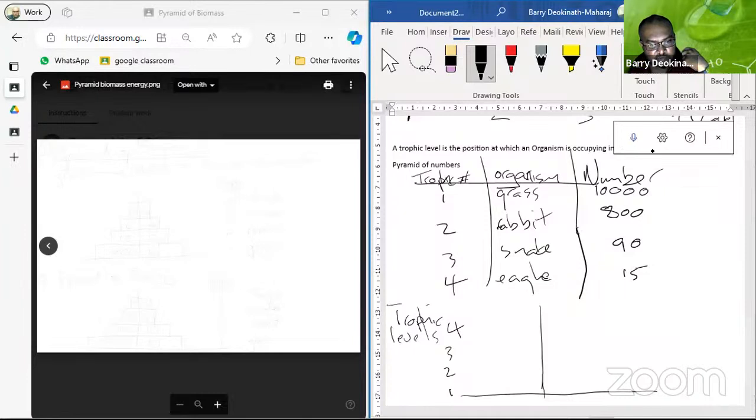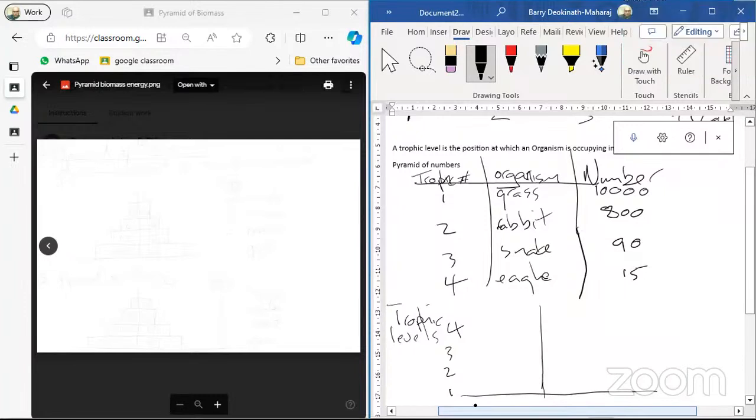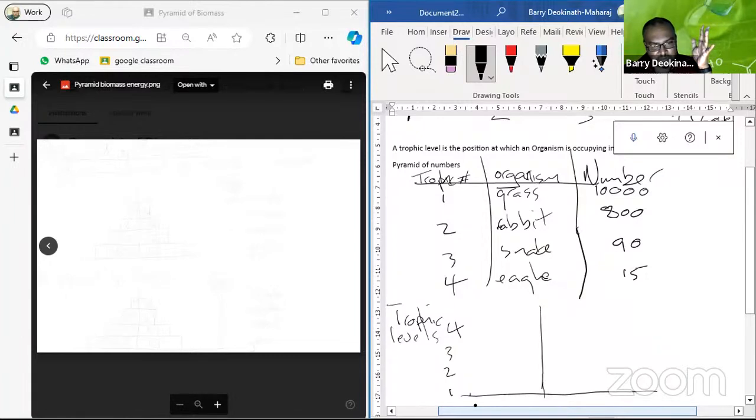So what we do, instead of using a one-sided graph, you know how you could center justify in a Word document? Yes, sir. Right. So it comes like that. So the graph middle would be here. So if we do a representation, what number would we put here for this trophic level?